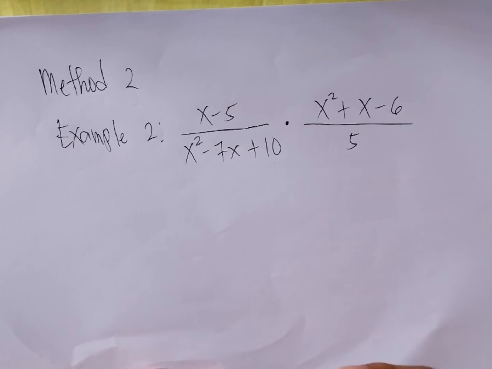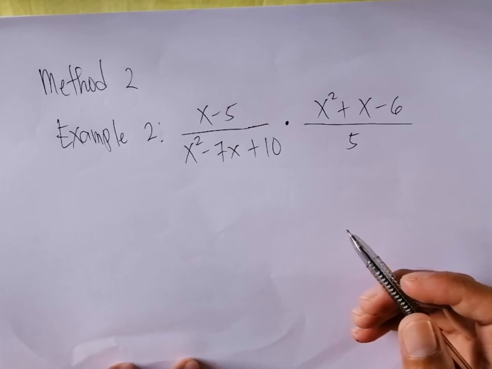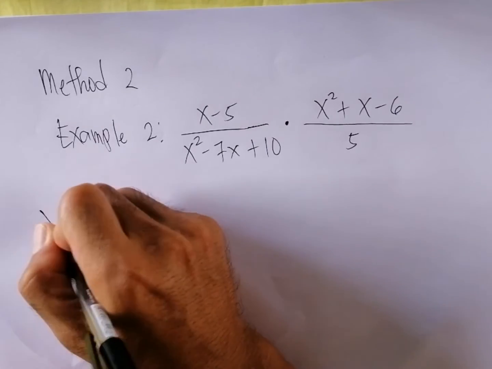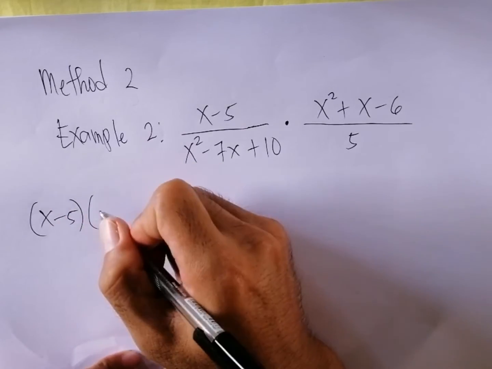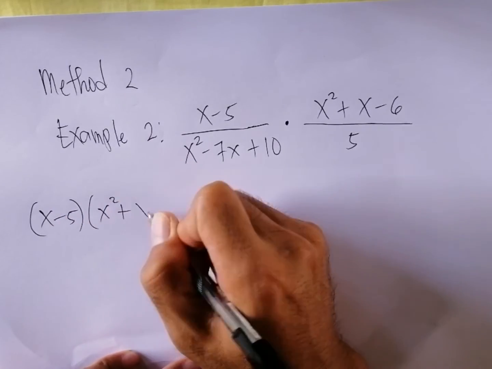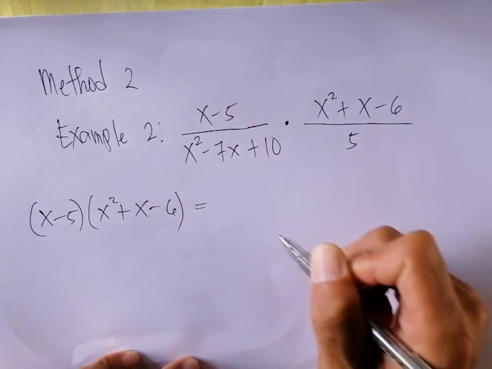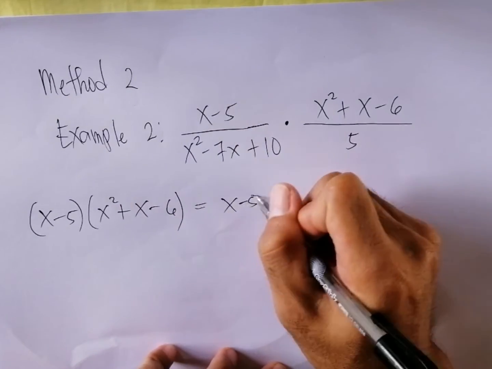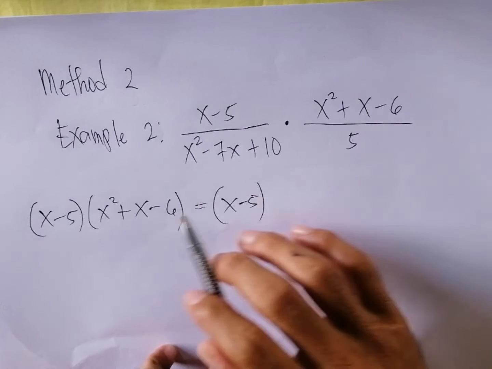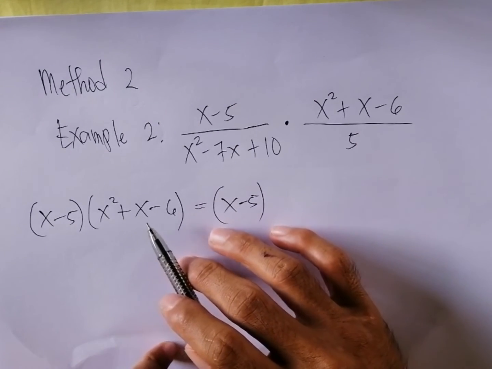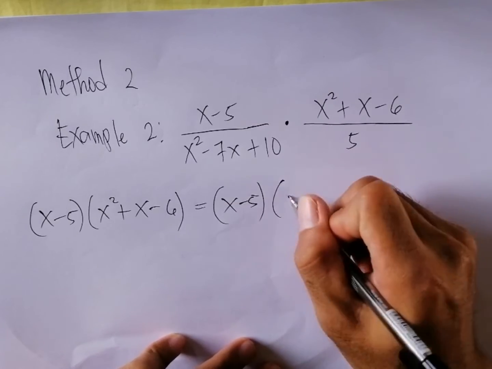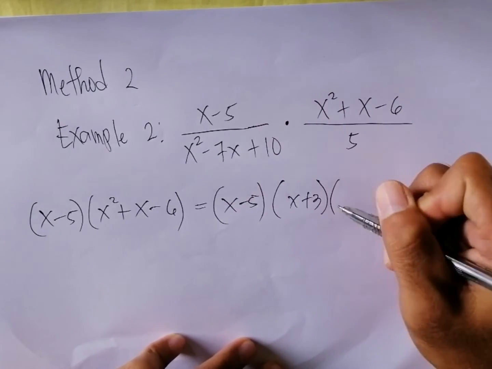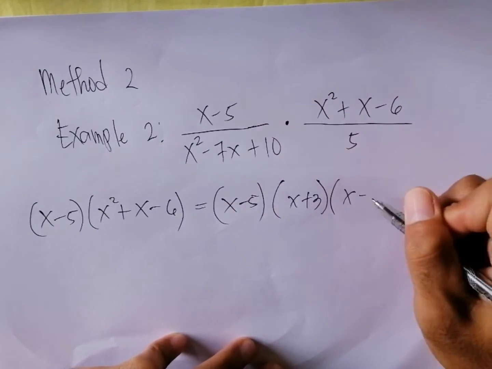So factor the numerator, we have x minus 5 times x squared plus x minus 6. We factor the trinomial x squared plus x minus 6, and that is equal to x plus 3 and x minus 2.